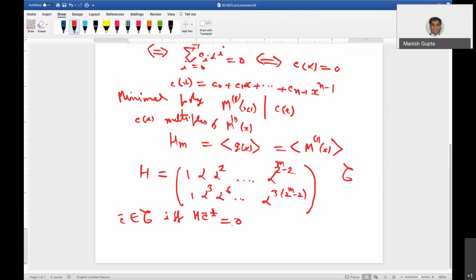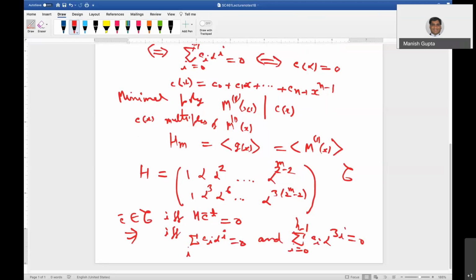With the same analogy as the previous one, this will imply that, if and only if, the summation of ci alpha raised to power i is equal to 0 and the summation of ci alpha raised to power 3i is equal to 0, i equal to 0 to n minus 1.